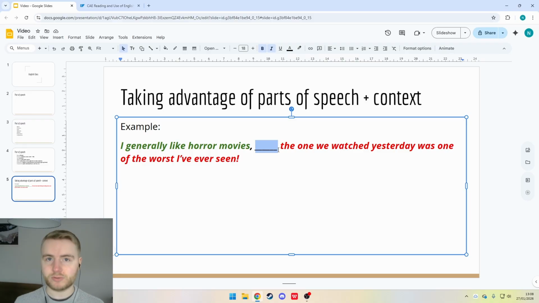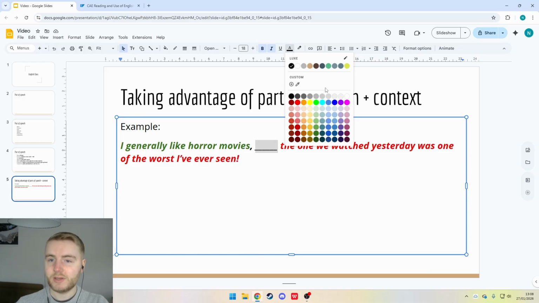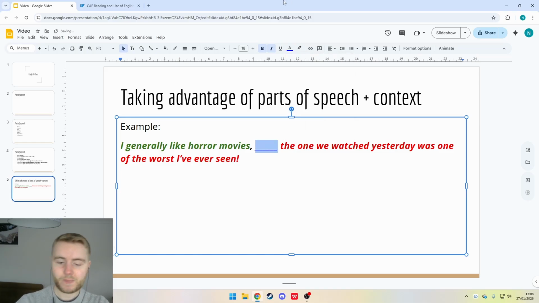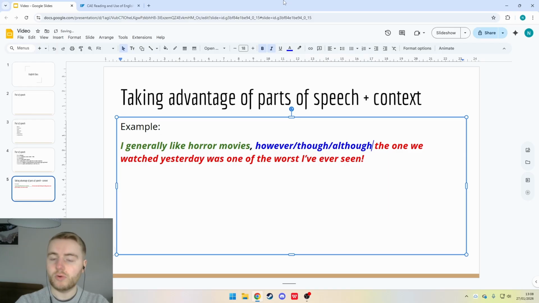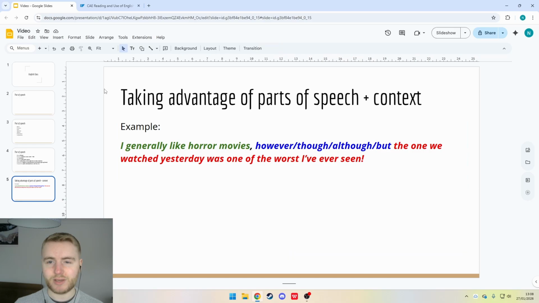Maybe you know some contrast linking words. Here, an answer could be something like however, though, or although, or even but. Okay, any of these, they are acceptable contrast linking devices. So they would all work in this example here.